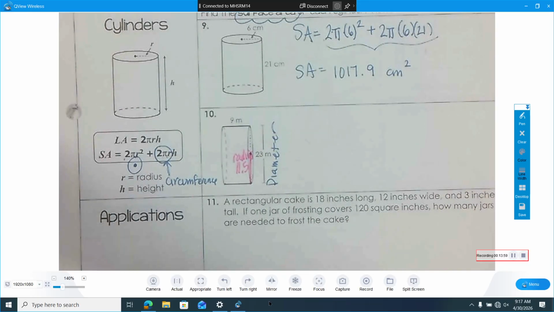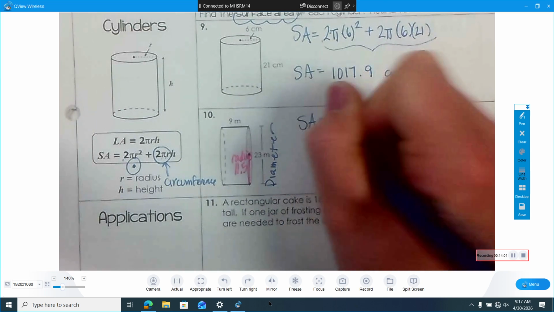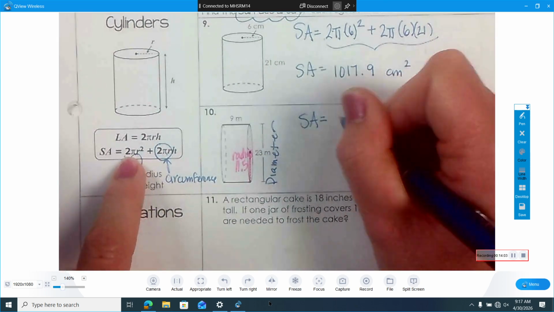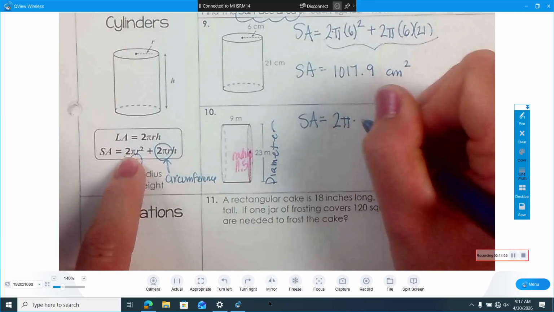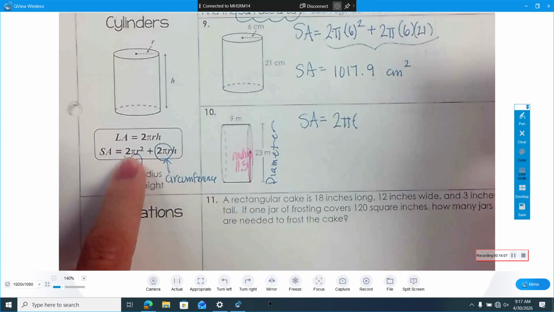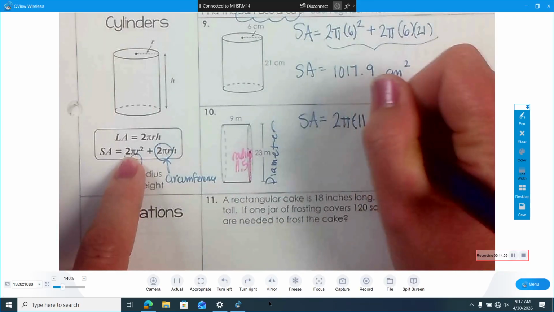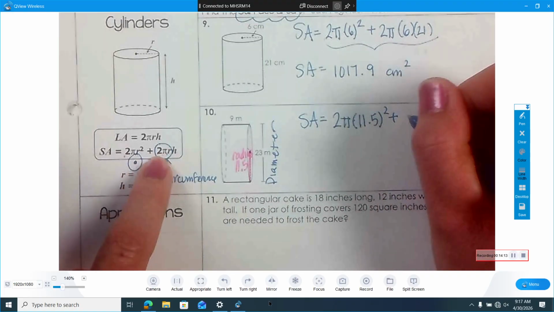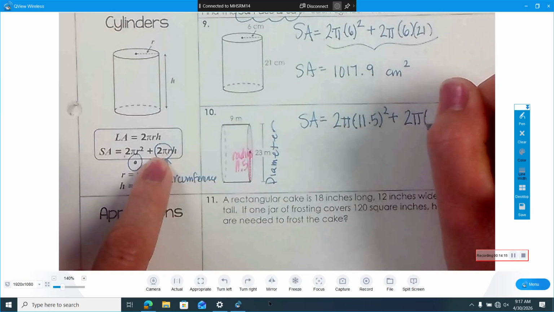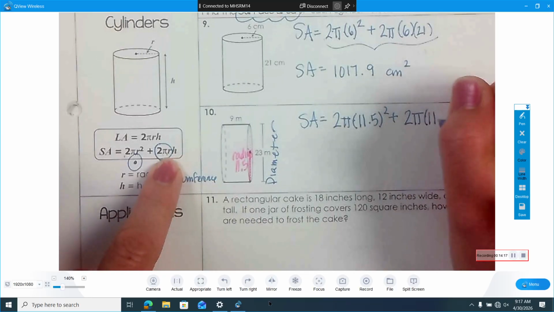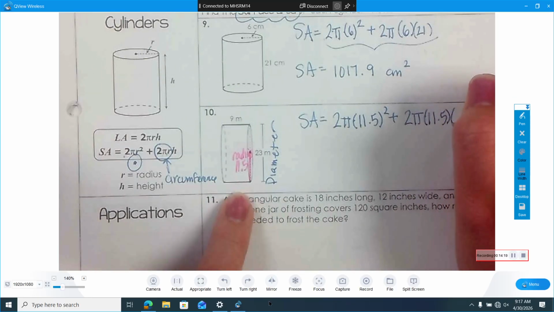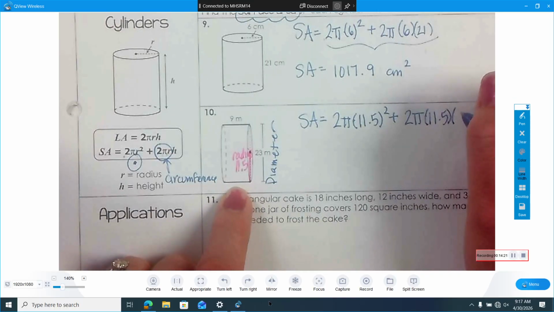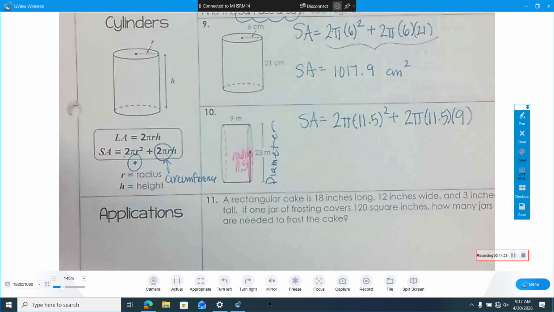All right. So I want the surface area. So it is 2 times pi times radius squared. So what's our radius? 11.5. So square it. Plus 2 times pi times radius, again, 11.5, times the height. What's the height of our cylinder? 9, yes.